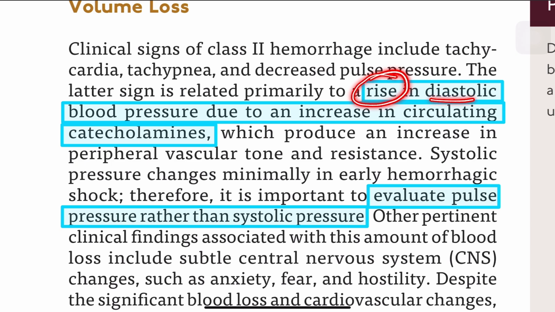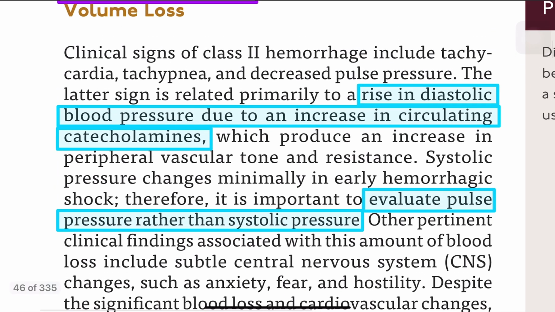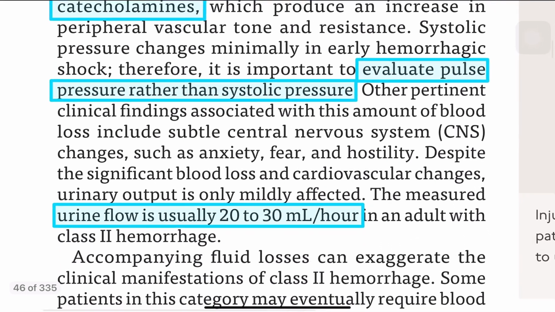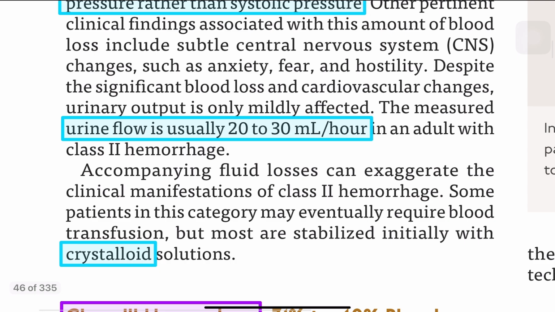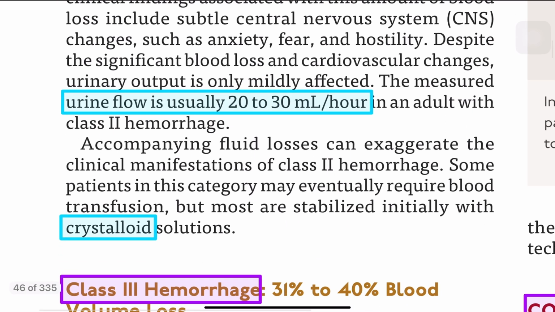Just remember, rise in diastolic, and evaluate pulse pressure rather than systolic BP. So in class 2 the diastolic BP is important, you have to evaluate pulse pressure, and urine flow is almost 20 to 30 ml. It is managed with crystalloid.